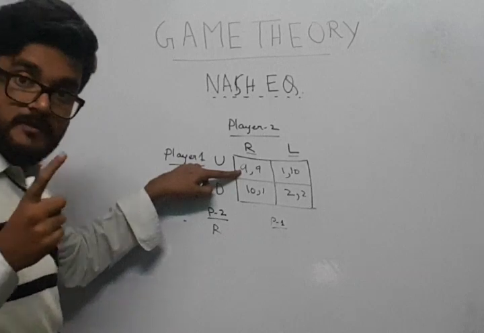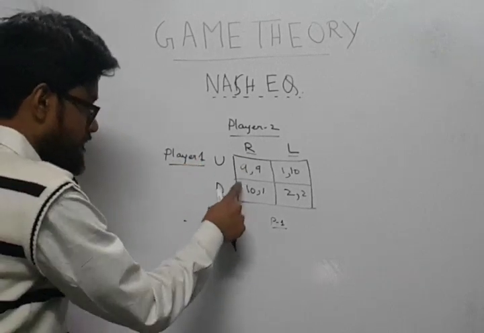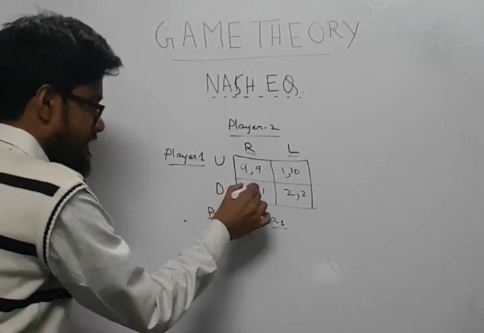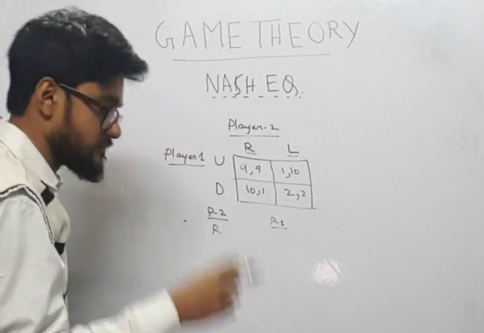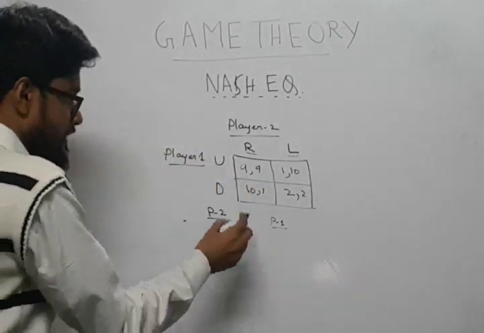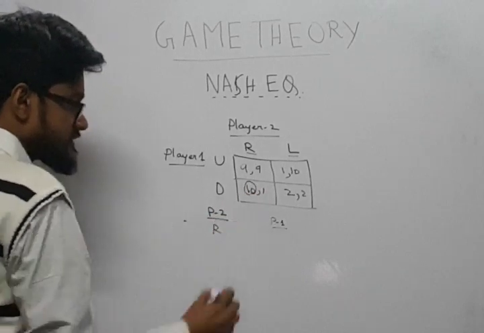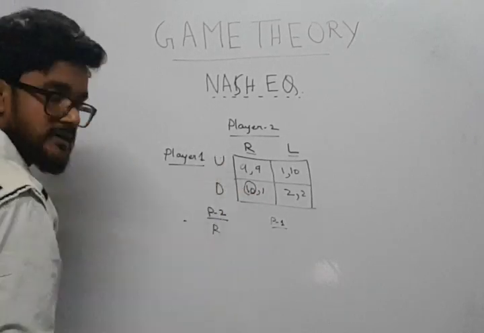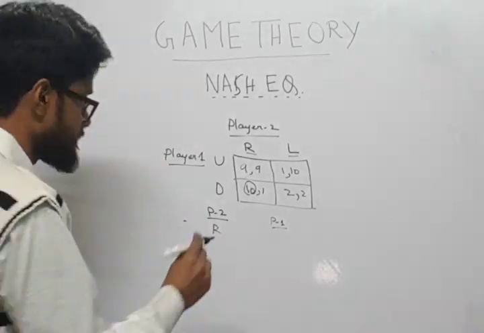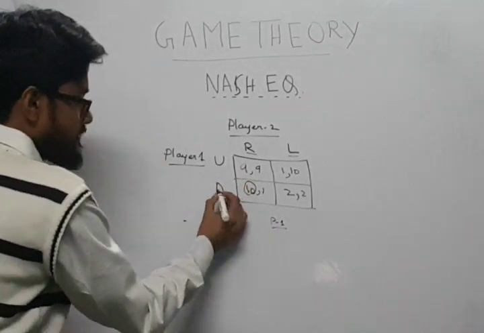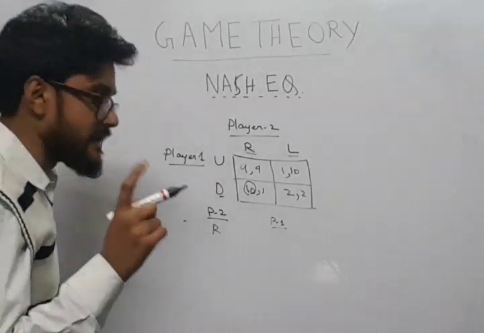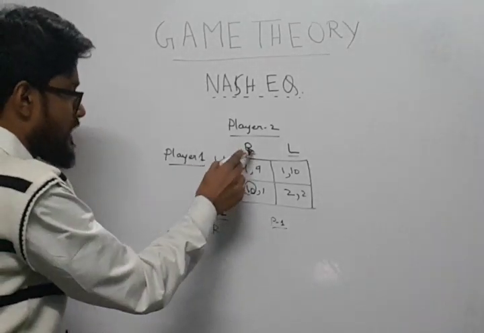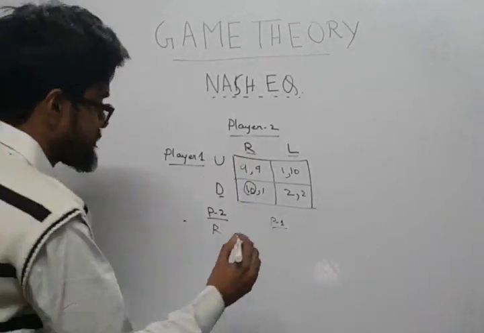When player 1 plays, we take the first numbers of the columns, that is 9 or 10. As you can see, 10 is greater than 9, so we'll take the number 10, that is option D. So when player 2 plays R, player 1 plays D.